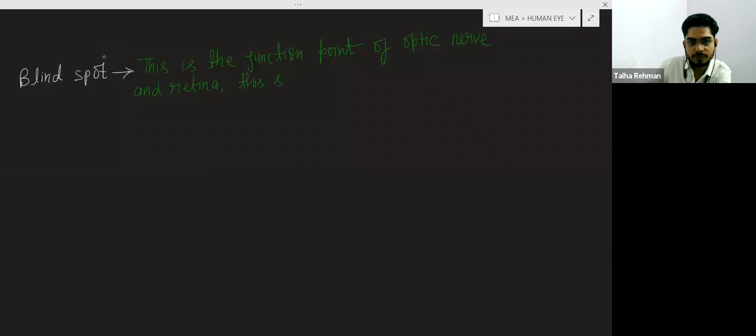This spot does not have light sensitive cells. That is why this is known as the blind spot. So you can write this thing only. Now, three things left: aqueous humor, vitreous humor, and optic nerve.